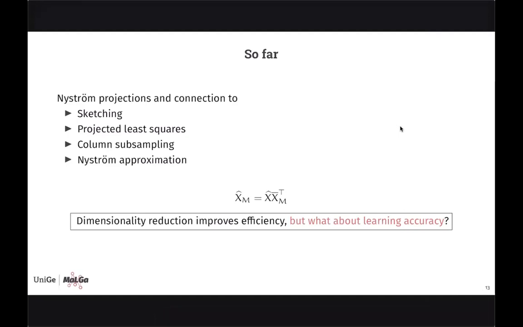You can view this from a sketching perspective, from a projection perspective, from column subsampling, from the discretization of integral equations perspective. No matter which point of view you like, it's clear that you can reduce dimensionality and have computational savings. And the question now becomes if and how much you will lose from an accuracy perspective. So from a learning accuracy perspective, okay? And so this is what I want to do next.